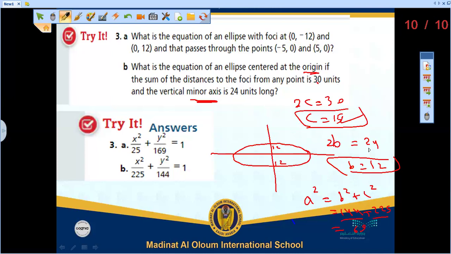I'm gonna use the calculator. 15 squared plus 12 squared makes 369. This is A squared. A squared is 369.